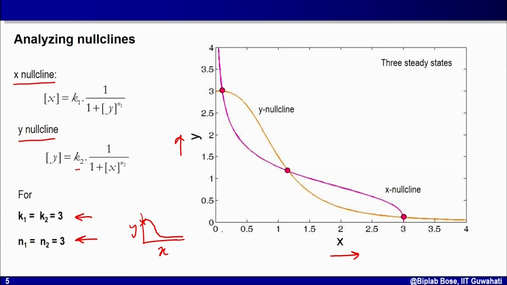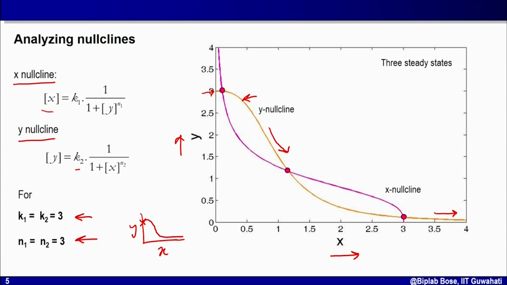So I can see here this yellow line is my y nullcline, and that is intersecting the vertical axis at 3. So that is the point x equal to 0 and value of y is 3. And then this nullcline follows a sigmoidal fall with the asymptote here at the end.